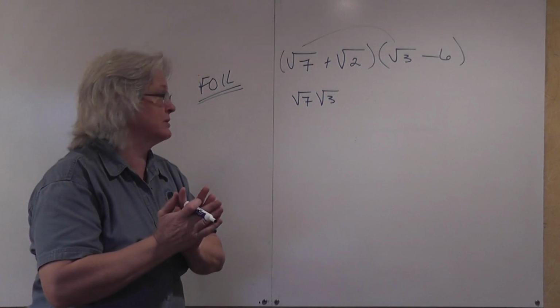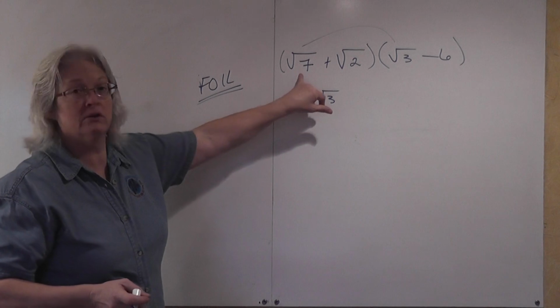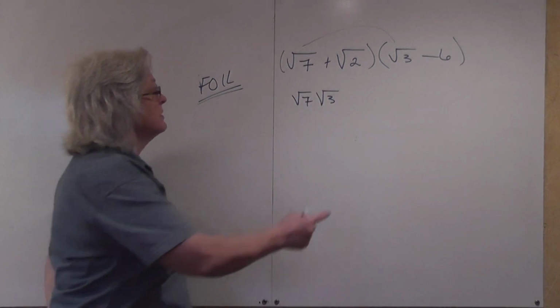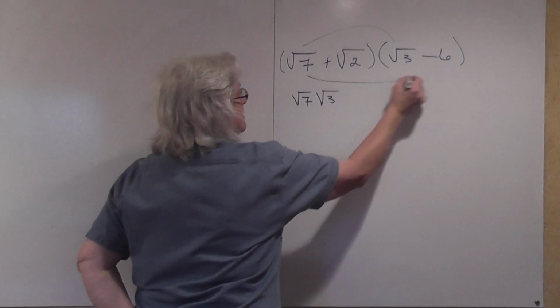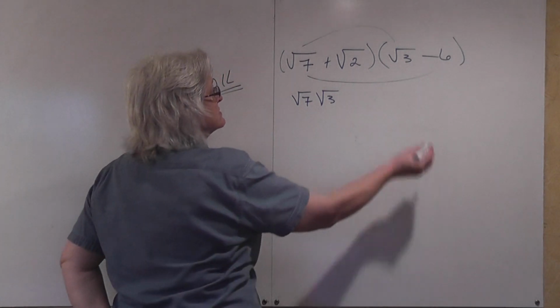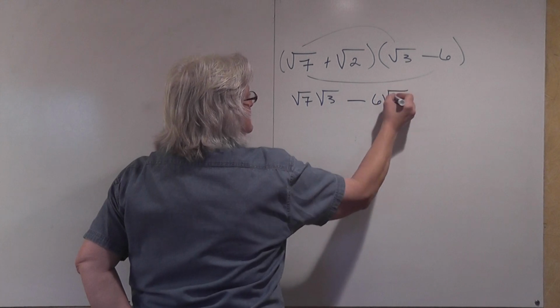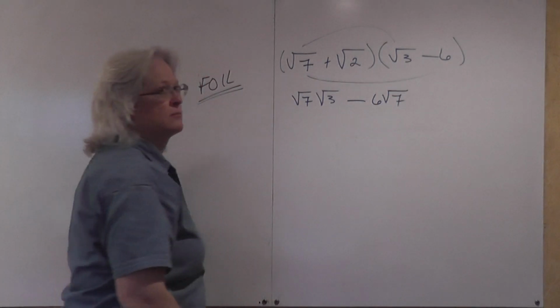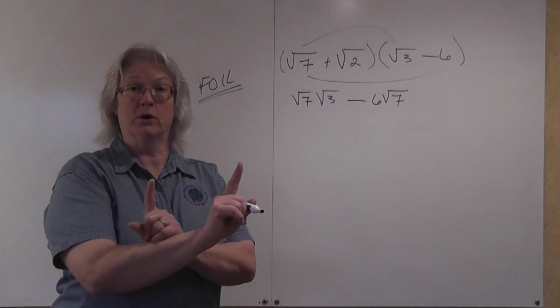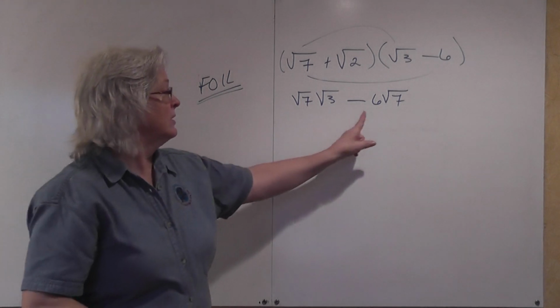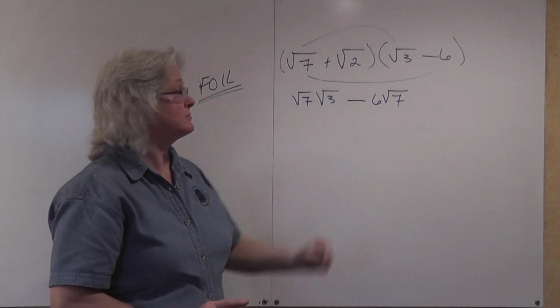It will not help you at this point. Now we're going to do the product of the outer terms. We have square root of 7 times the negative 6. So it becomes minus 6 times the square root of 7. Switched it around to put the whole number portion in front of the radical.